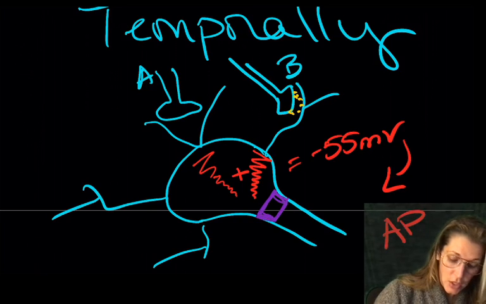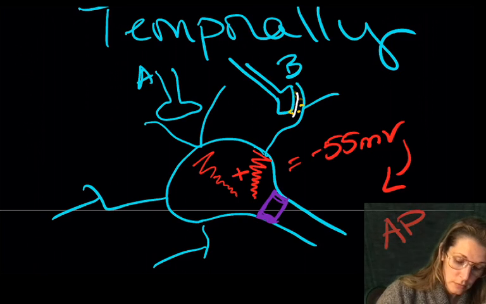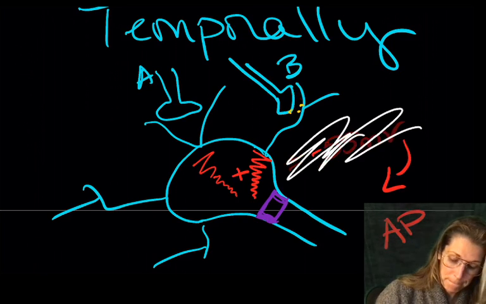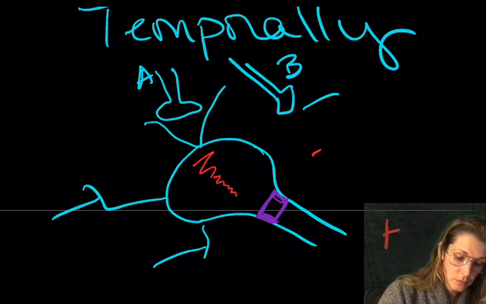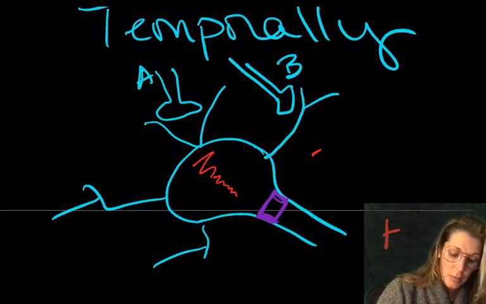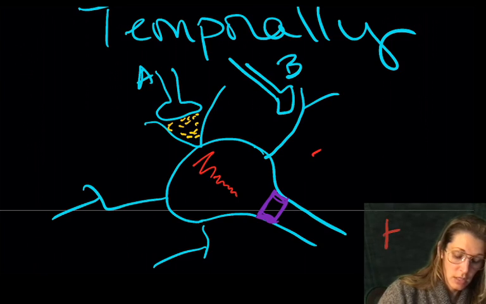So maybe you have an excitatory signal that comes in, just like before, but then maybe the signal from the other presynaptic neuron, it's not excitatory, maybe it's inhibitory.